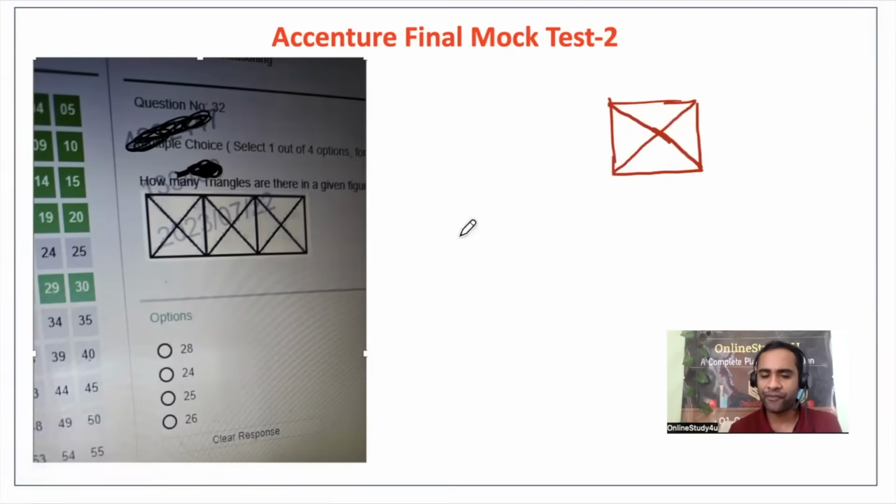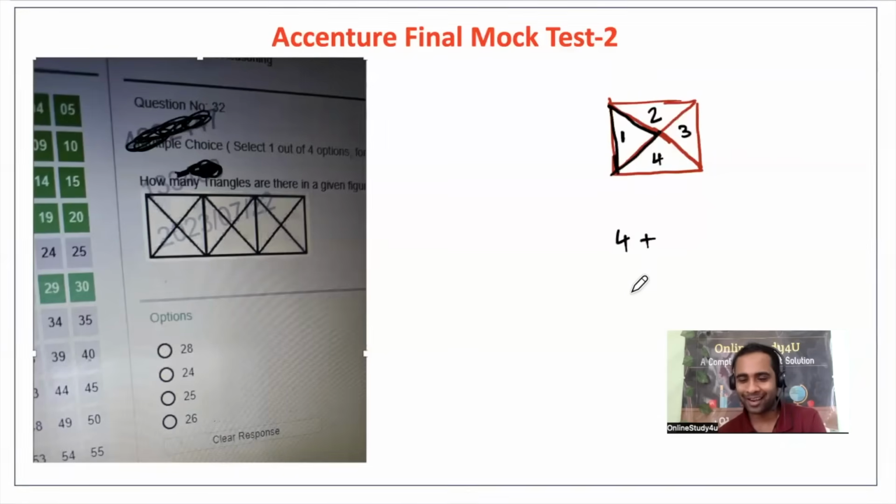So if we try to analyze how many triangles there are, friends, you see one triangle, right? So this and this. Then similarly two triangles, then three, and then four. So right now we have a total of four triangles, but these are not the only triangles. Now let us analyze where the other triangles are. So from this point we will have one triangle, right?